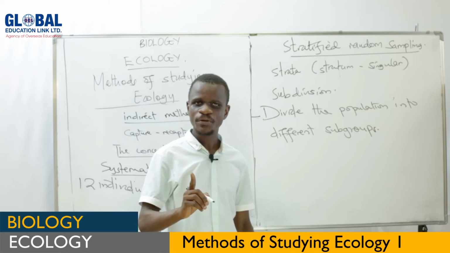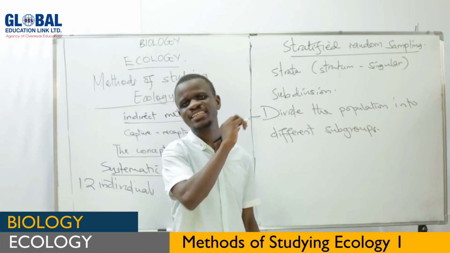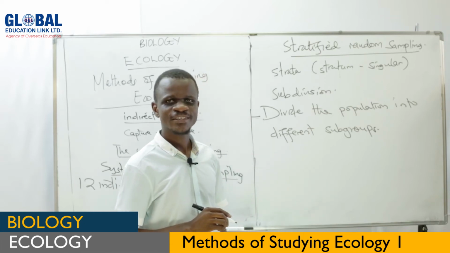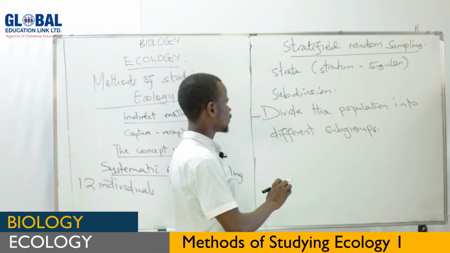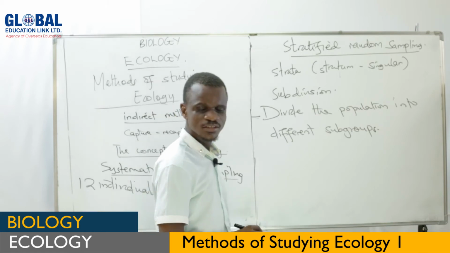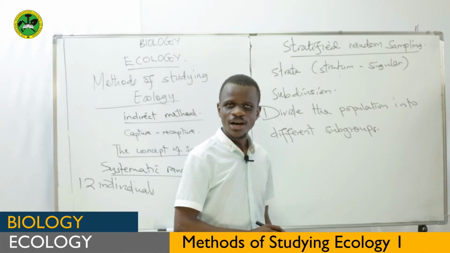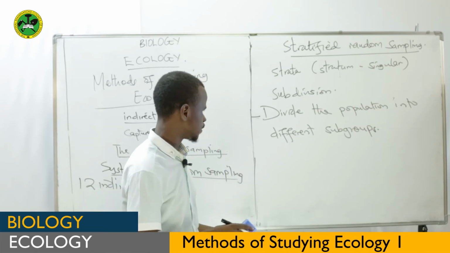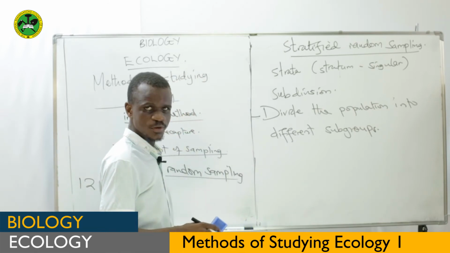You divide the population basing on the character. For example, maybe children of 5 years old are placed in a particular group, 10 years old, 20 years old. Therefore, you divide the population. Hope you are following, my student.